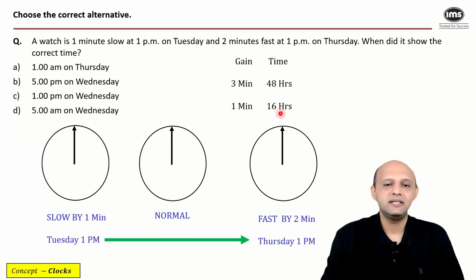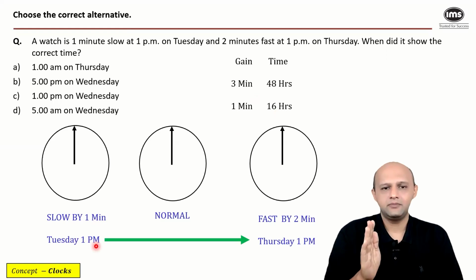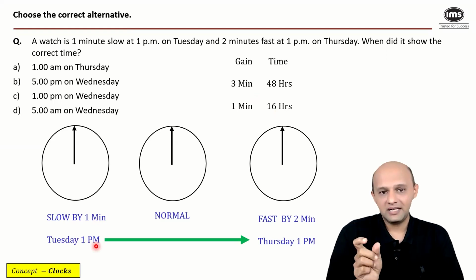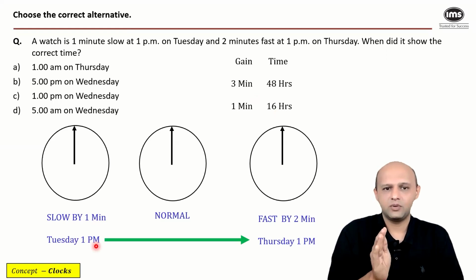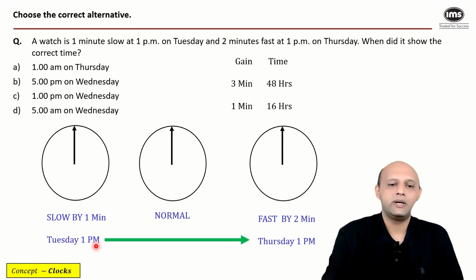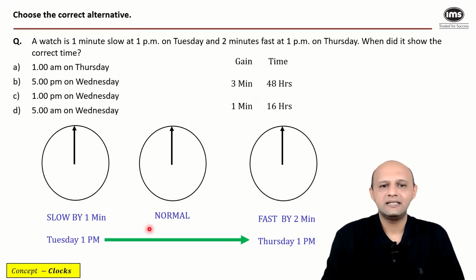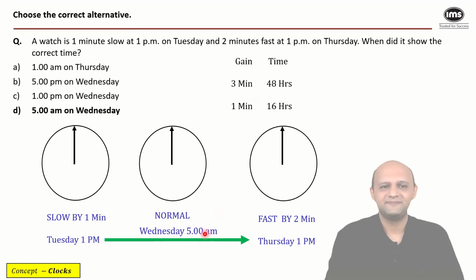For that, it will take 16 hours. 16 hours from Tuesday, 1 p.m. would mean Wednesday, 1 a.m., which is 12 hours, plus 4 hours after 1, which would be 5 a.m. on Wednesday, where it would show the correct time. So the normal time would be Wednesday, 5 a.m., which is 16 hours. That is the required time. So what's the answer? The answer is option D.